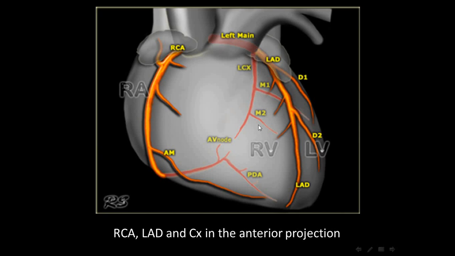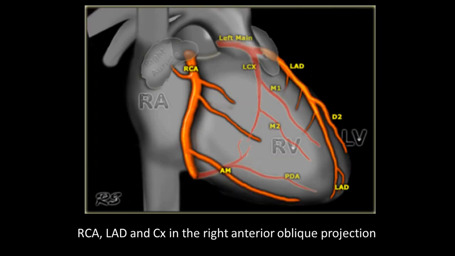And the left circumflex gives these marginal arteries. On the right side we have this right coronary artery, which will then continue to give the acute marginal, posterior right, and then supplies the AV node and terminates as the PDA, the posterior descending artery.